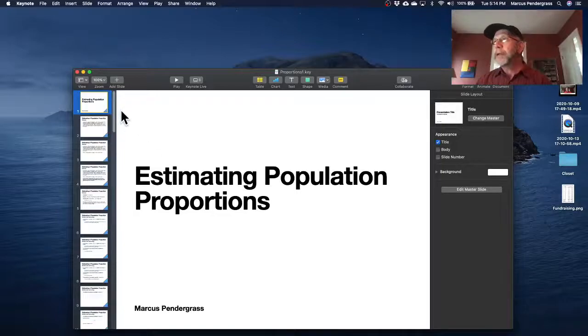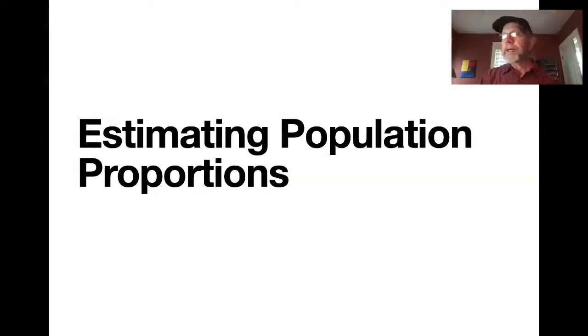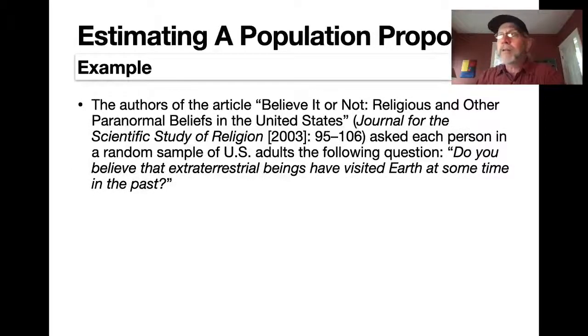So, estimating population proportions. We're going to see the basic theory take shape in the context of this example here. This is a small part of a survey that was given to a sample of U.S. adults by the authors of this article.